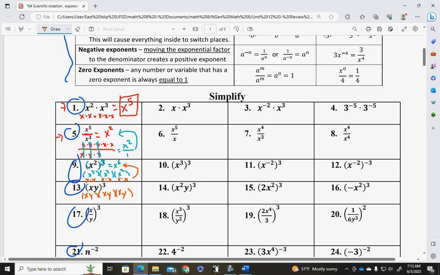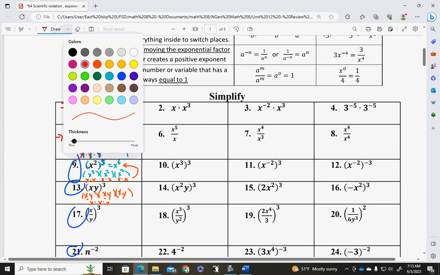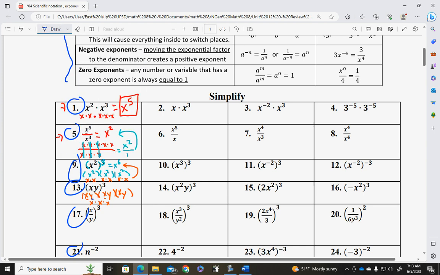I know that the answer is going to be x to the 3rd, y to the 3rd, but I can also use the commutative property and say that there are these 3 x's that I want to write out, and then there's the 3 y's that I can write out, these 3 y's. So clearly it's x to the 3rd times y to the 3rd.